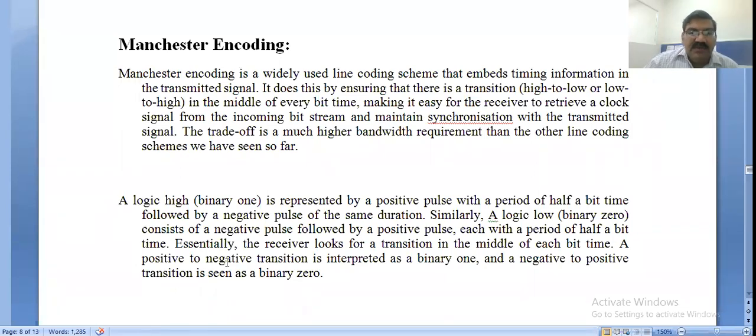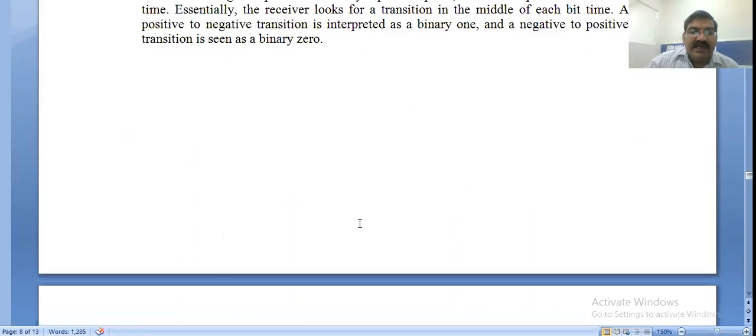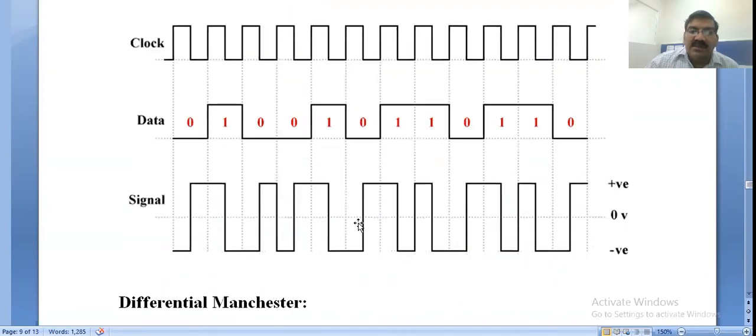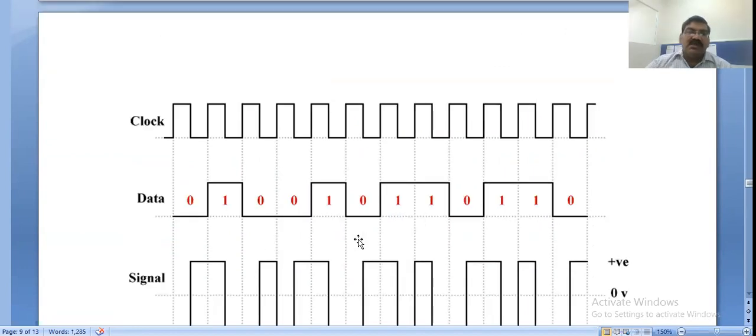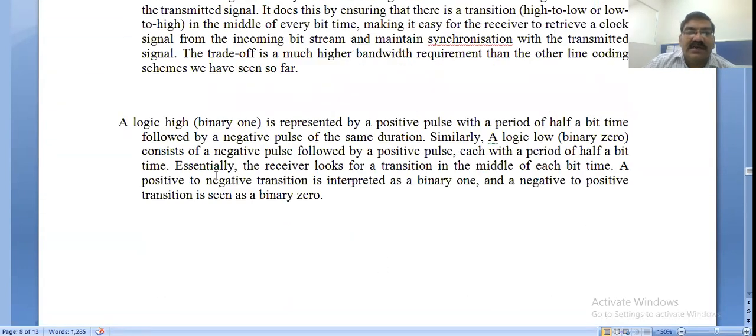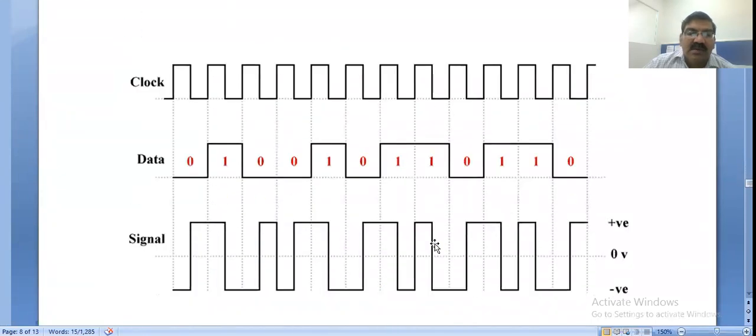Okay, so very good. Can you correlate this paragraph with the figure? Here it says a logic low, that is binary 0, consists of a negative pulse followed by a positive pulse. Let's check.